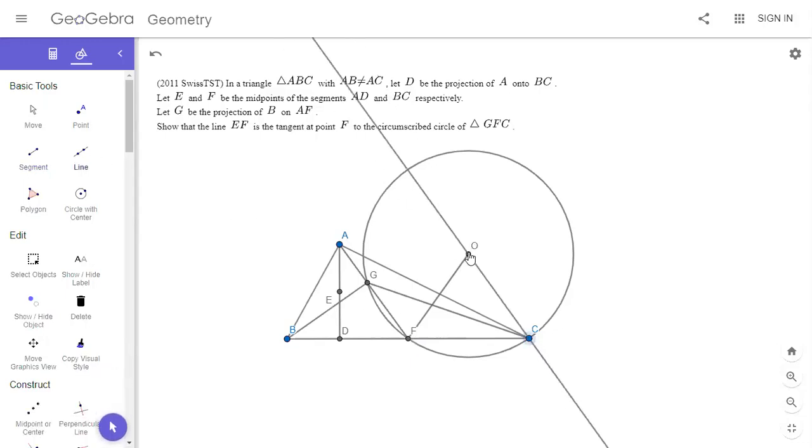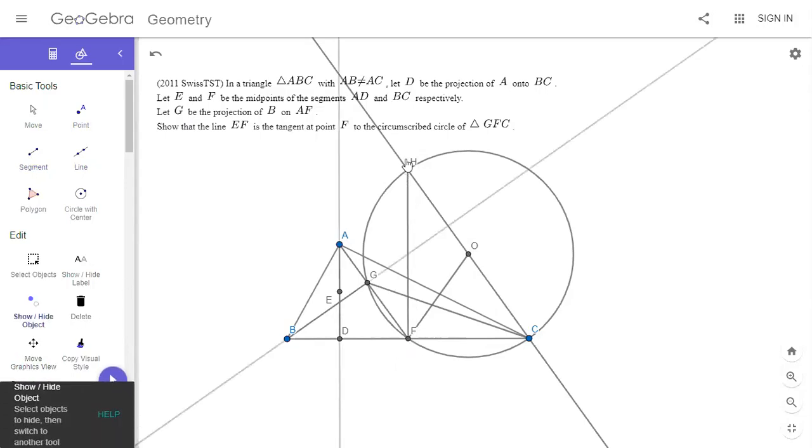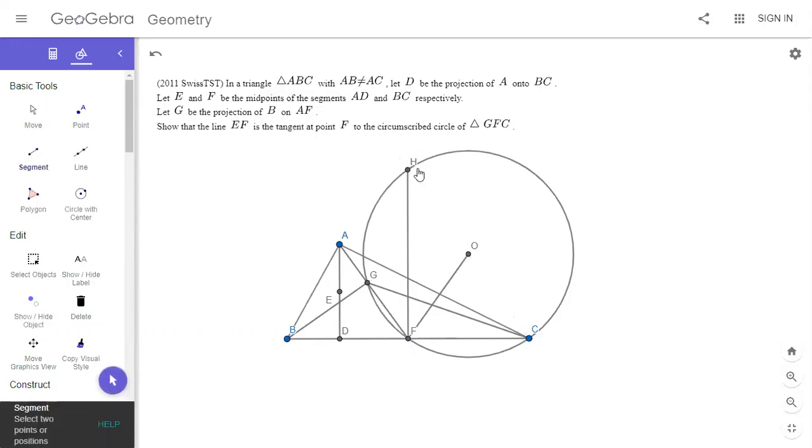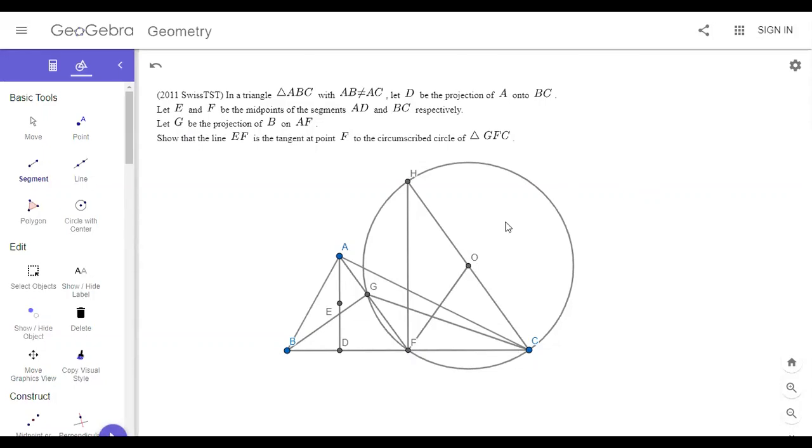So what if I drew that? Yeah, we have to use that AD is the altitude. So HF is parallel to AD. Maybe that would help. We want to show EFO is 90.